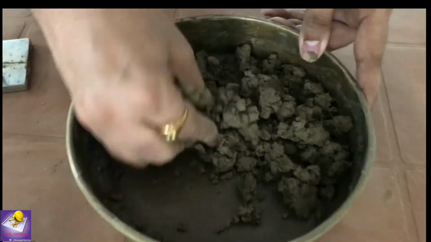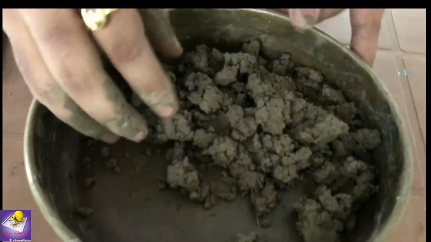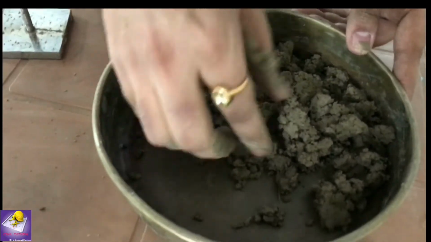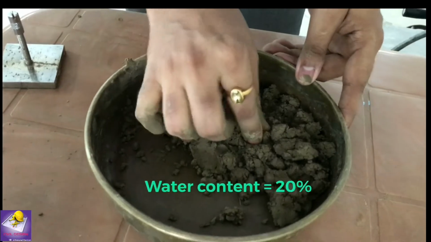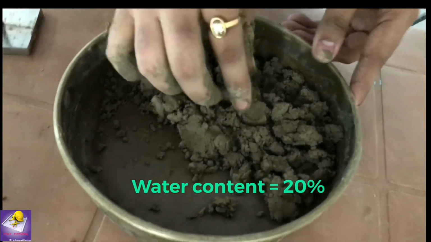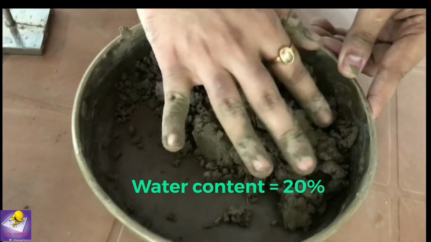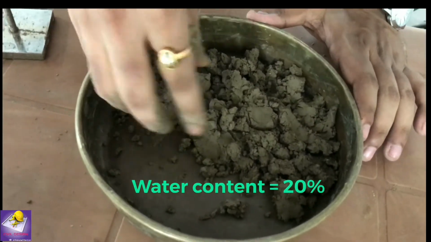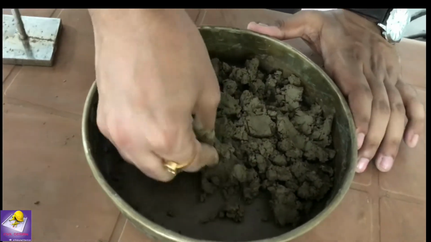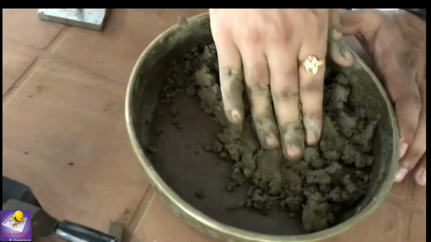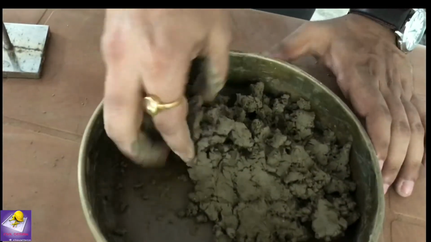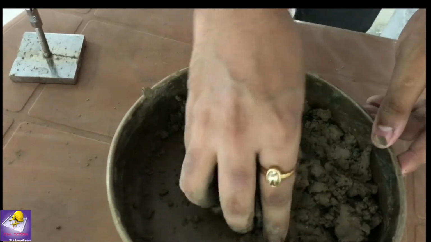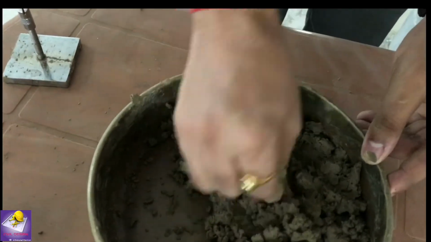Initially the soil sample has been prepared, and the total water content mixed into the soil sample is 20%. Initially we added 10%, then a couple of times we added 5%. So a total of 20% water has been added to this 300 gram soil sample.